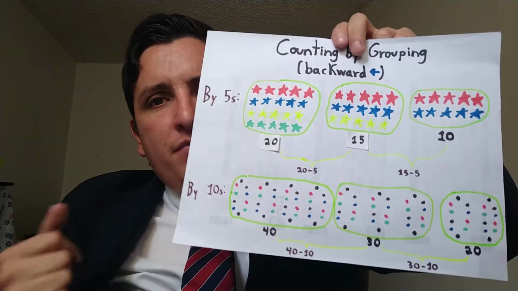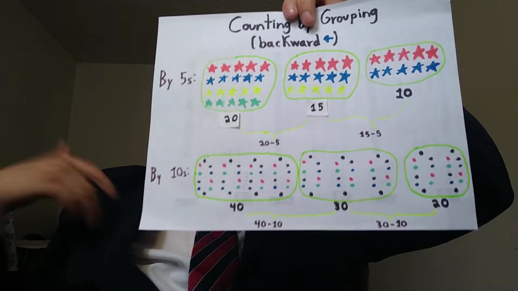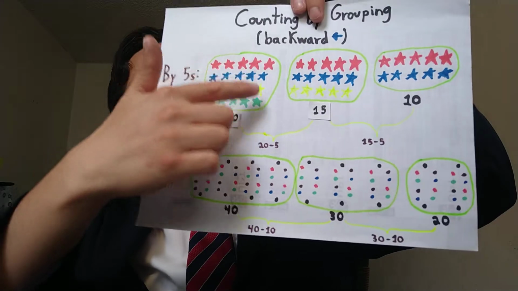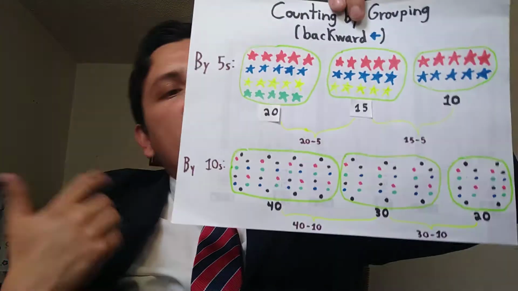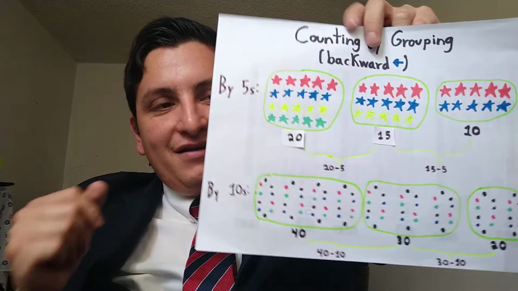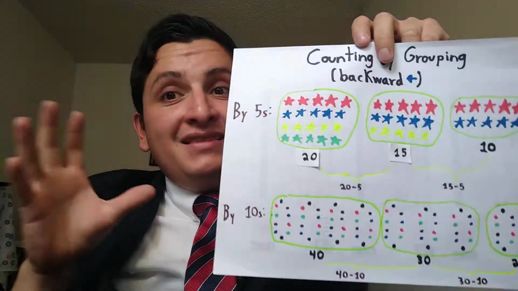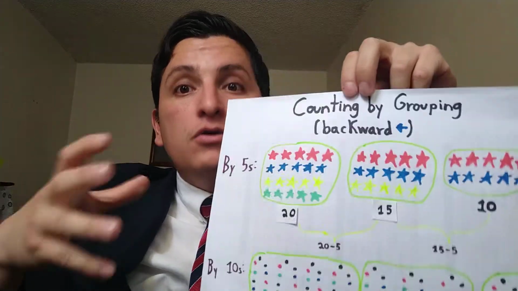So, if you remember the last time, we were checking the figures that we have, and we have the same figures just like the last time. We have stars and we have little circles, points if you want to say. So, let's analyze the information that we have here. Remember that the part of counting by grouping is that you must make groups.